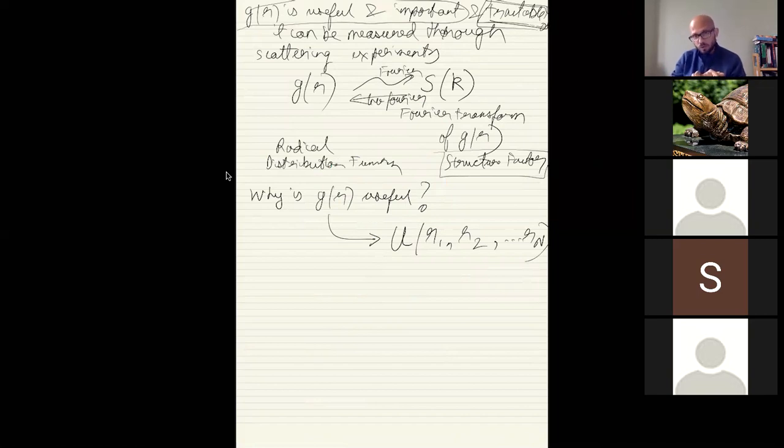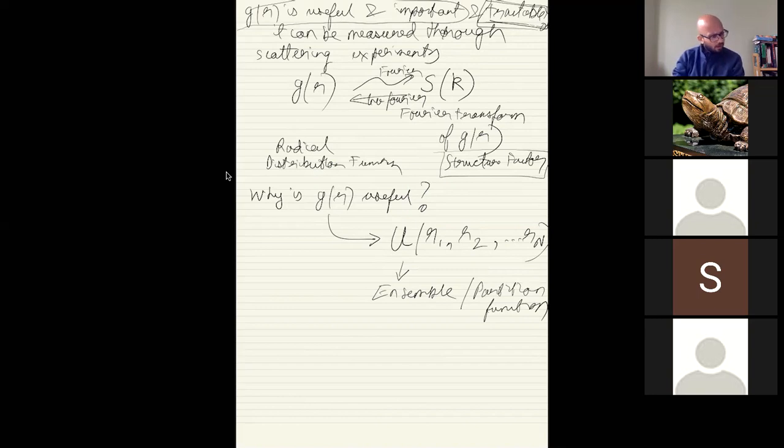If you have this potential energy, then you can pick an ensemble and write down a partition function of your choice using it. Let's say the canonical ensemble is just going to be summing over e to the power minus beta U, and you can get all sorts of thermodynamic properties.